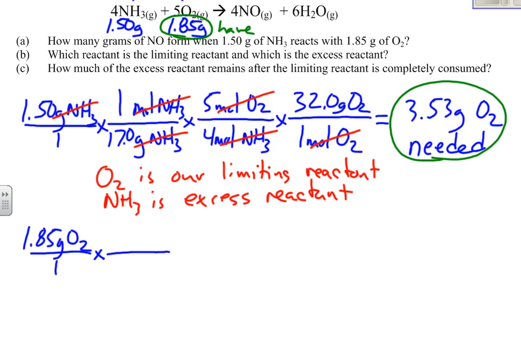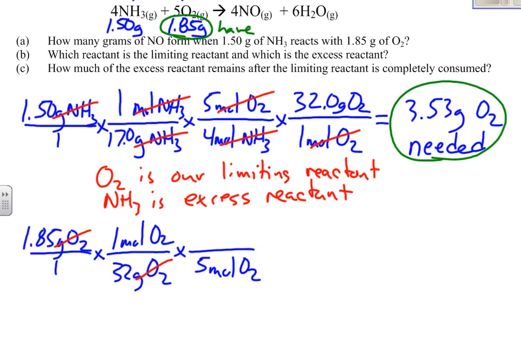Again, I need to get to moles, so 32 grams of O2 to 1 mole of O2. Five moles of O2 will produce 4 moles of nitrogen monoxide, NO.